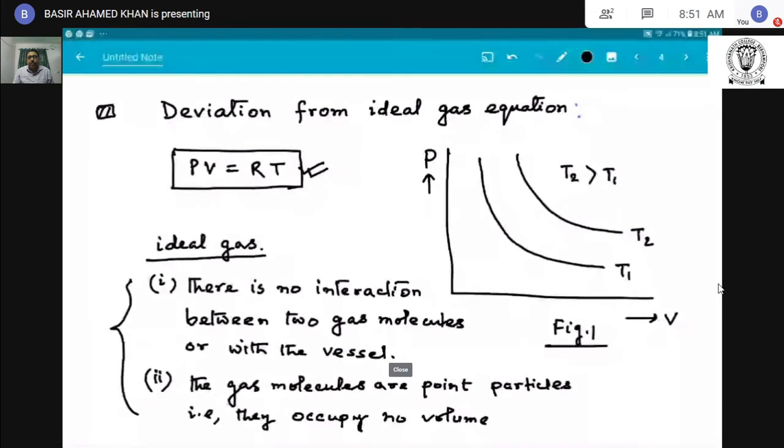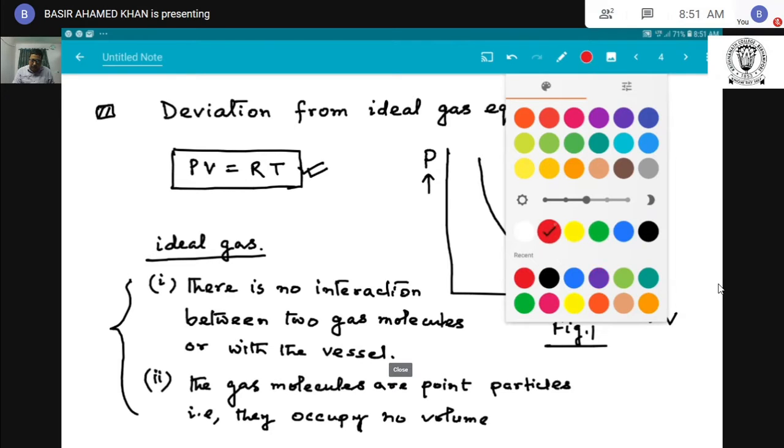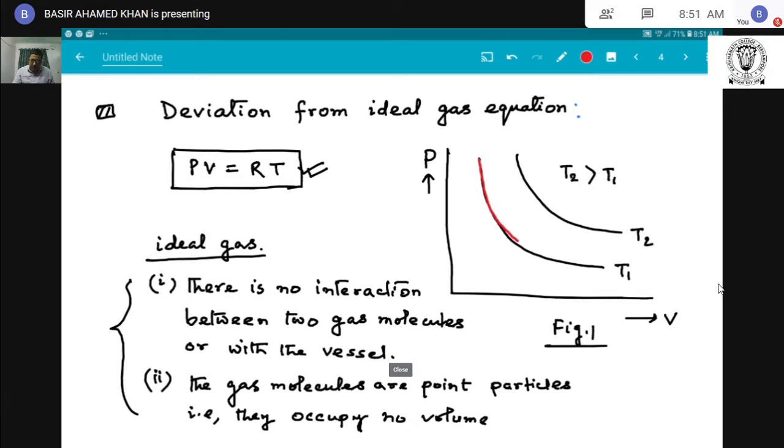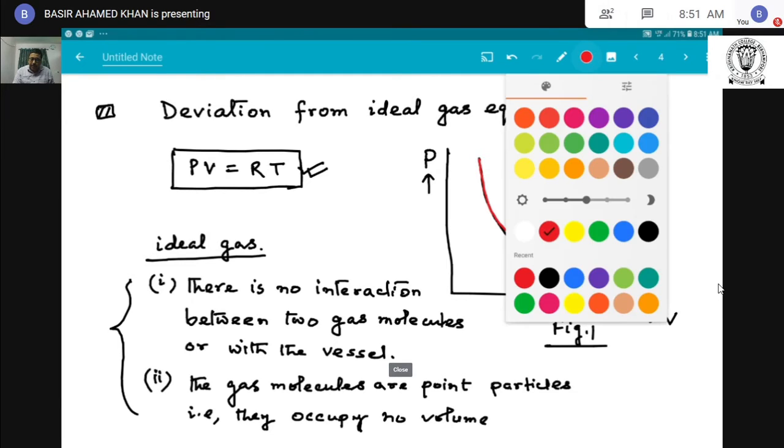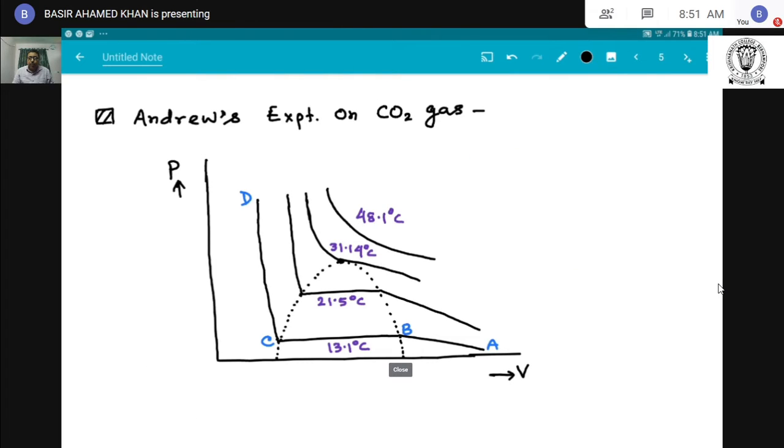In this figure 1, these are the isothermals. That means at every point the temperature is the same, that is T1, and this is another isothermal at temperature T2. In the same way I plot the PV diagram for real gas for Andrews experiment.